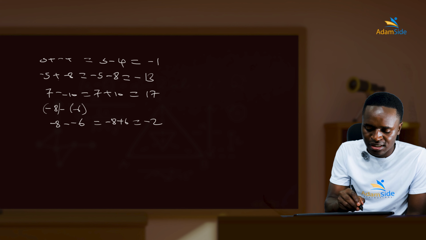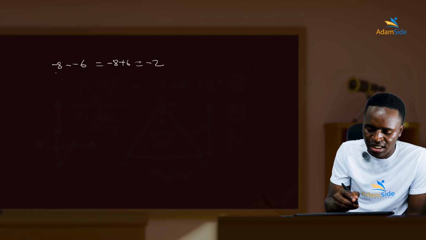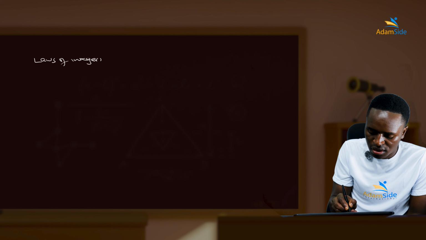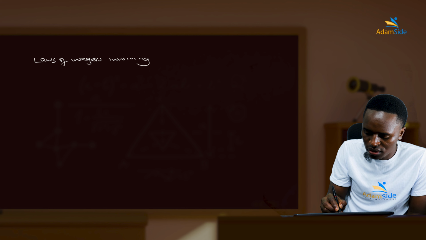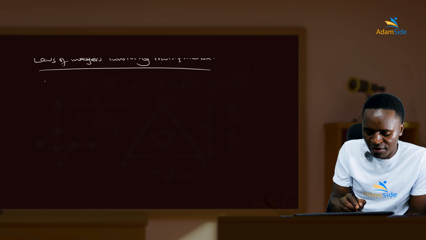The next understanding is on laws of integers, the laws of integers involving multiplication. Here you're going to multiply. Rule number 1: negative times negative is positive.